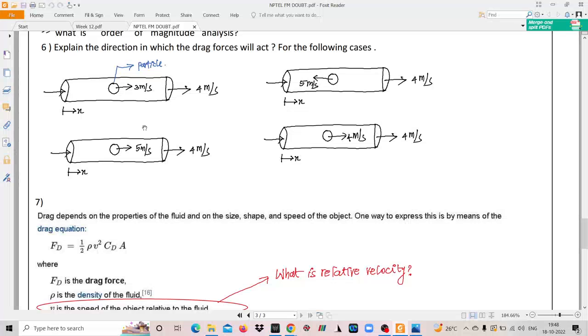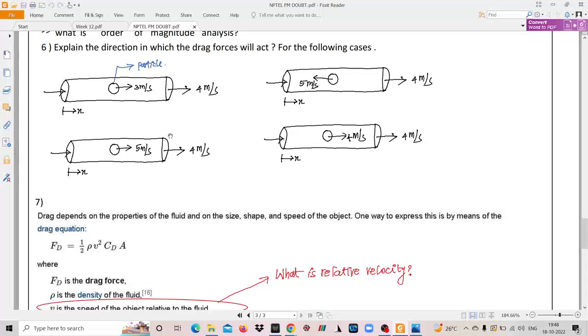Speed of the object relative to the fluid. Just assume that you are this object. You are moving along this direction at a speed of 3 meter per second, and the air surrounding you is moving at a rate of 4 meter per second. Now please try to visualize what will be your speed relative to the fluid.